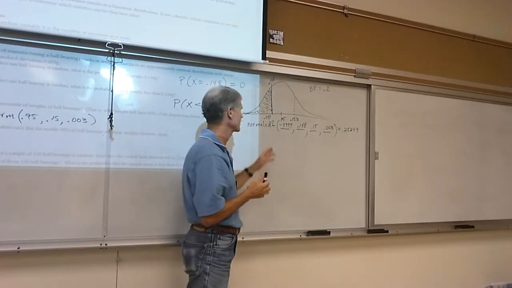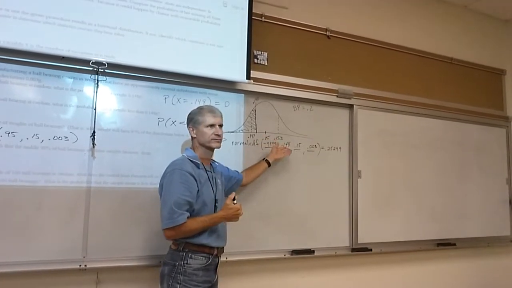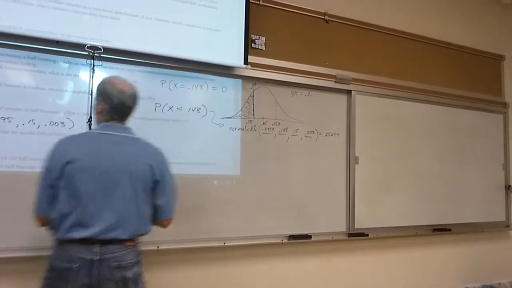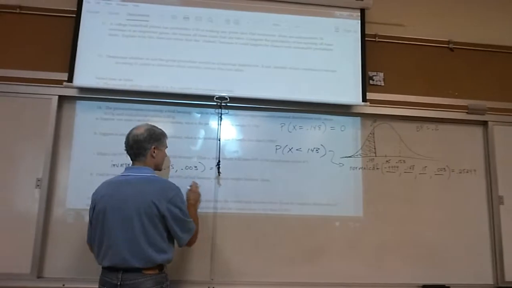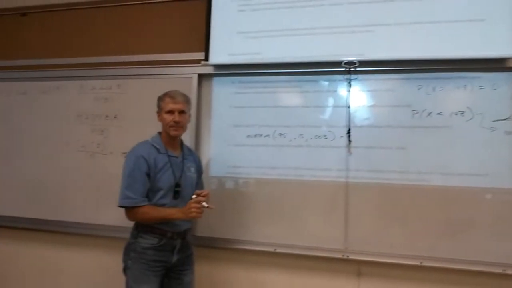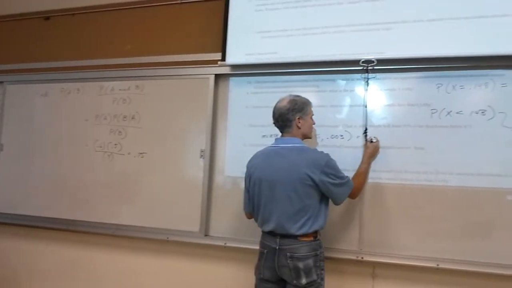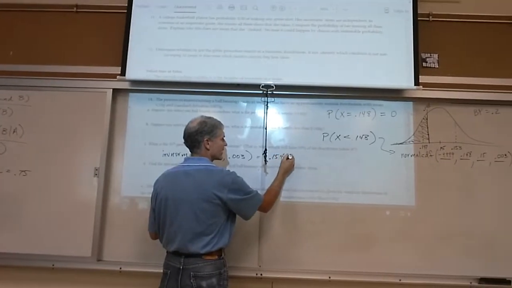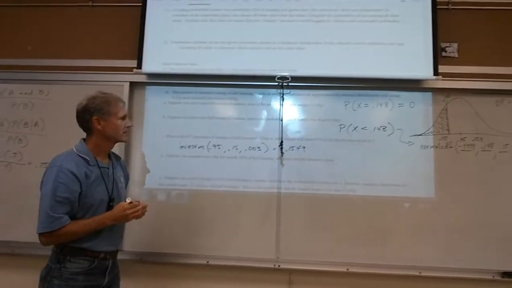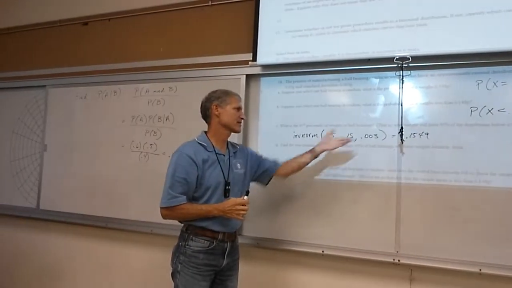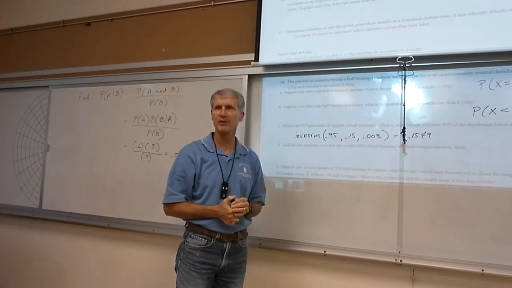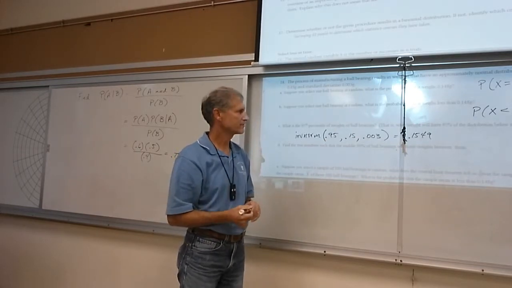And that's not a probability, they just happen to be decimals. Okay, so what do you get when you do that? 0.1549. And I guessed 0.16. This is a little small. I was guessing a little too big, but close enough.